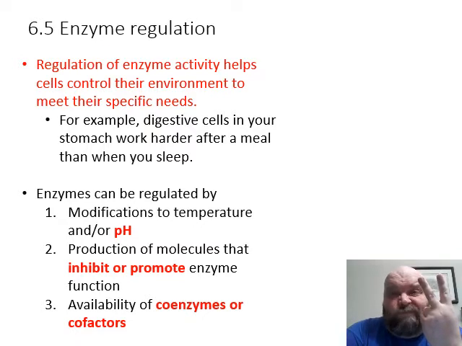Second method, come up with some molecule that's going to be able to bind directly to the body, the structure of the enzyme. By binding, it's going to change its shape. Make it work, make it not work. Or it's going to bind into the active site, but it's not a substrate. It's going to inhibit, it's going to slow things down. Or make an enzyme have to have a little helper.